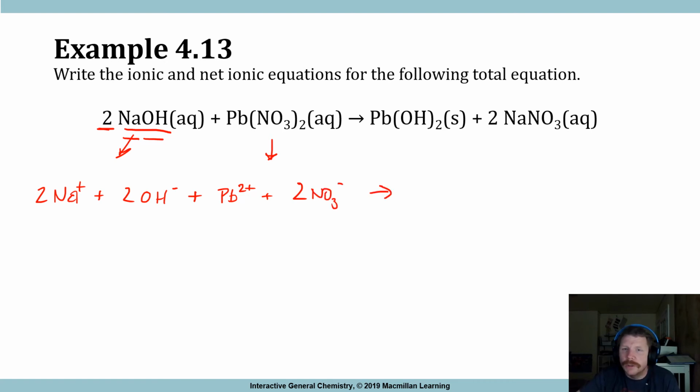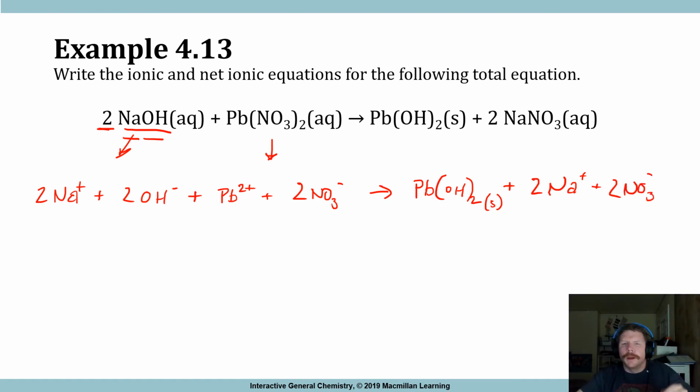This is going to yield, now here's my product, Pb(OH)2, and I'm going to put a solid there because that's going to be important, plus 2 Na+ and 2 NO3 minus.